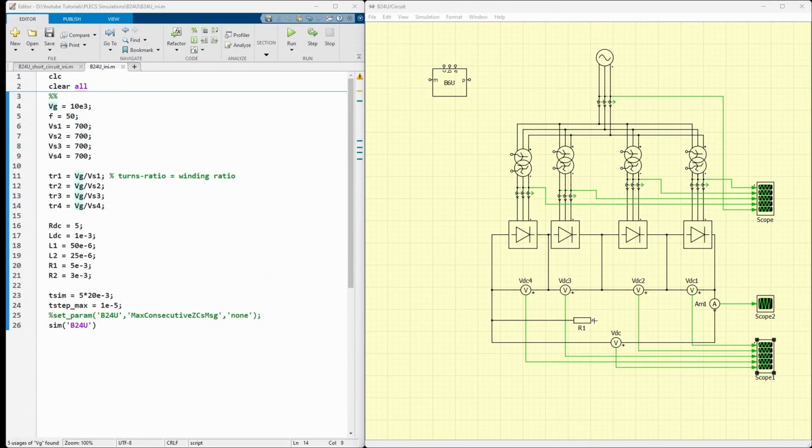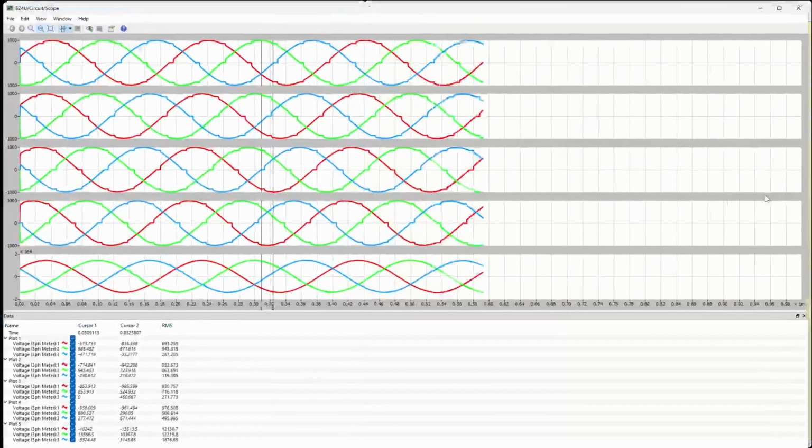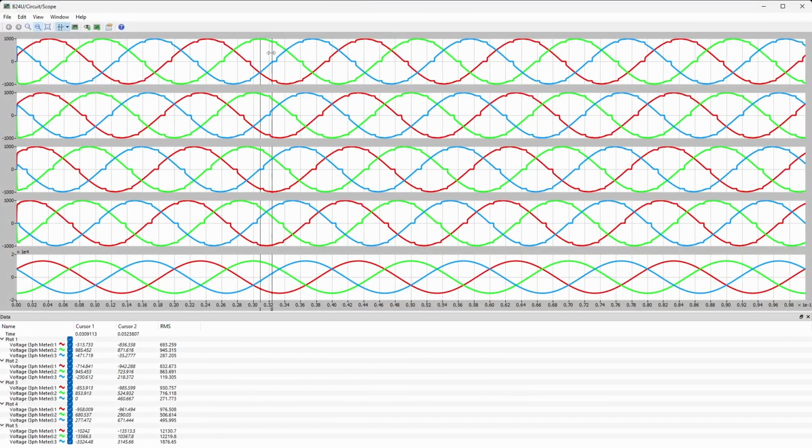Now let's connect the load and see the effects of current flow. Rerun the simulation. We should see the impact more or less on the grid voltage or the converter voltages. As you see, some parts of the voltages are lost during the commutation.